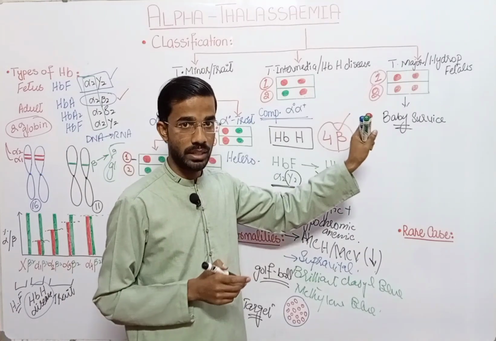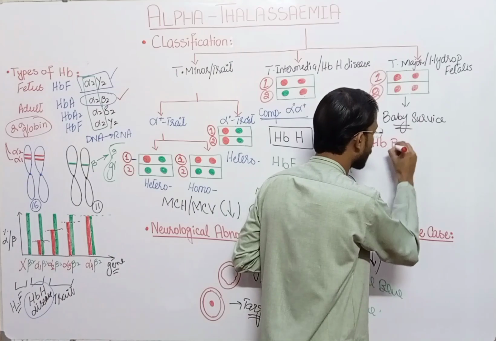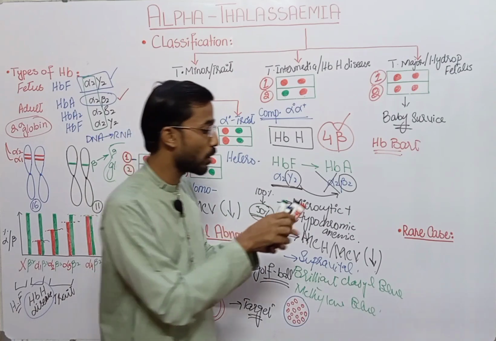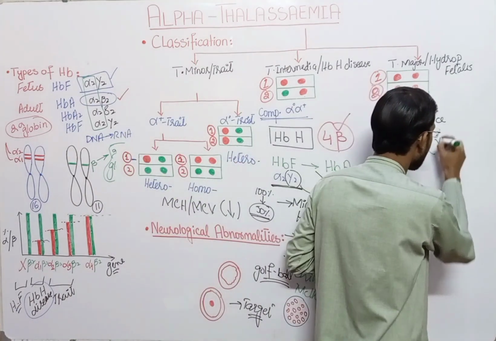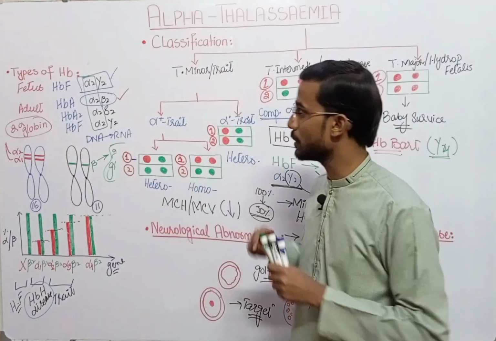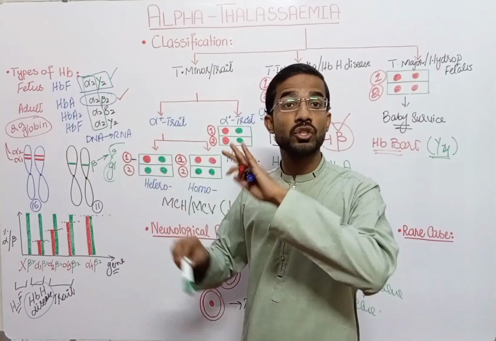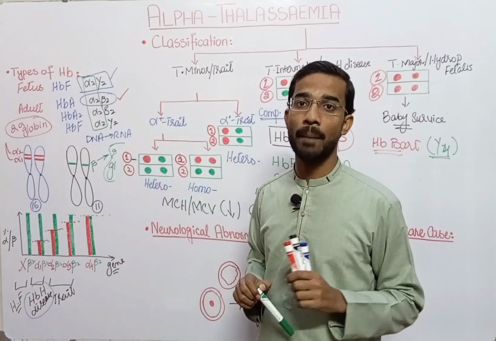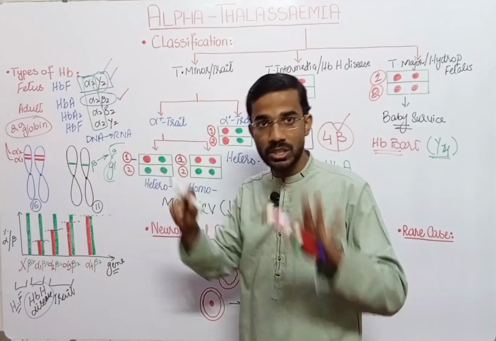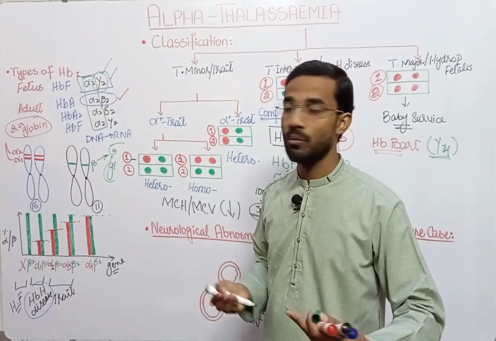And in this case, what type of hemoglobin will you see? Hb Barts. In this hemoglobin, you will see four gamma globin chains. See, in the fetal state, when there is no alpha globin chain, what will happen? All the gamma globin chains are present, and there is no alternative and no attachment site for the gamma.